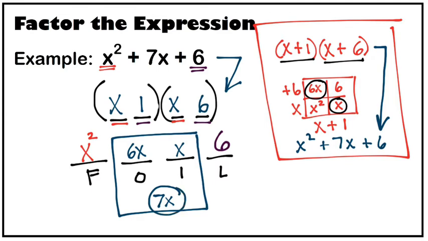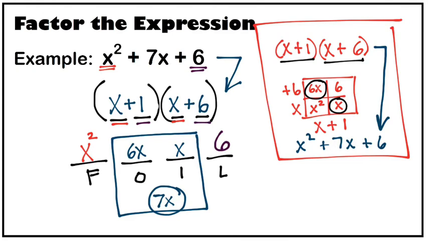So as long as we have a positive 6x, so I'm going to put a plus sign in front of the 6, and a positive x, I'm going to put a plus sign in front of the 1, then when we FOIL those two binomials, or when we multiply them, our answer will be x squared plus 7x plus 6.